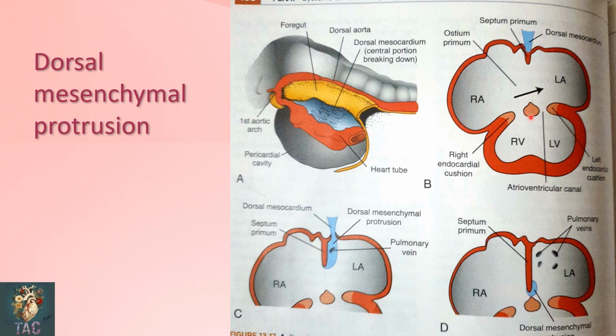Here the endocardial cushions are present, and the right and left atria and right and left ventricles. Here you can see the dorsal mesocardium, which is incorporated into the wall of the left atrium, and it is basically responsible for formation of the pulmonary veins. So this was just a revision from your previous knowledge so that you can understand the anomalies related to this dorsal mesenchymal protrusion.